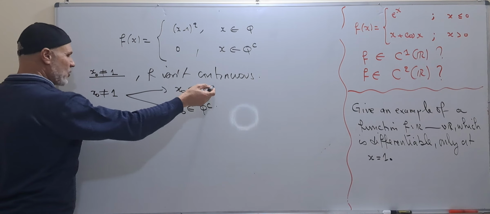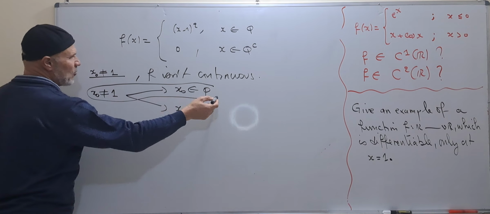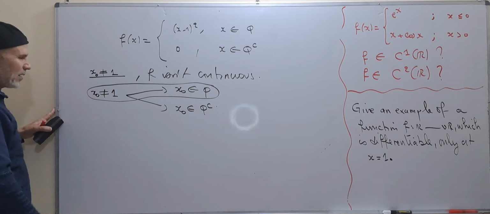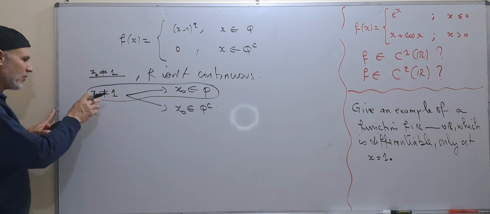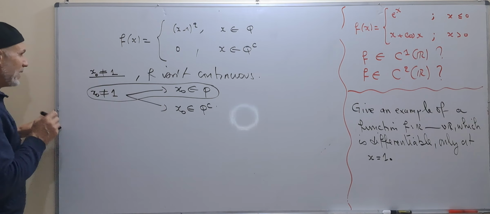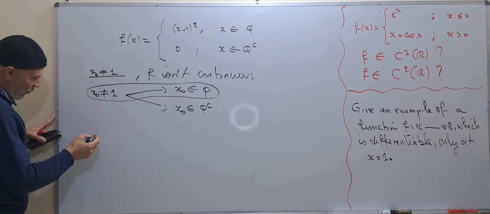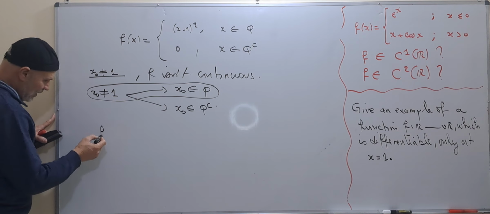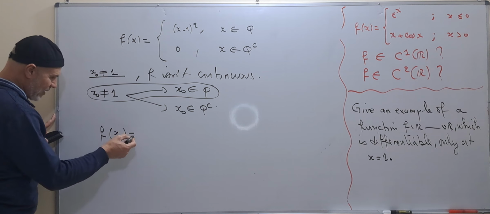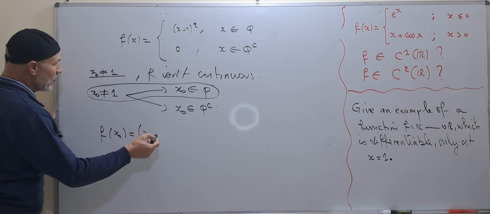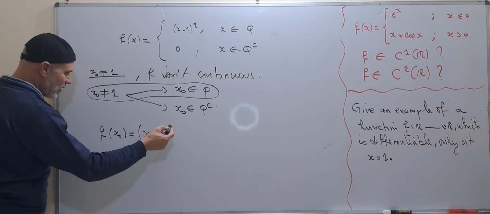We start with the first case. So we suppose that x0 is any rational number, but different from 1. In this case, f of x0 is equal to x0 minus 1 squared.